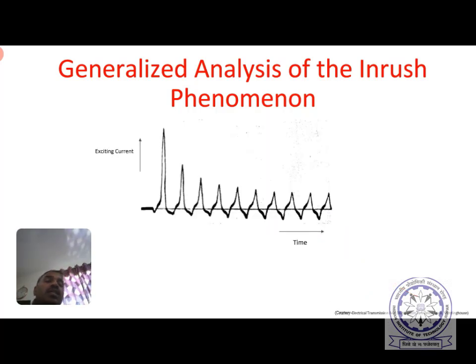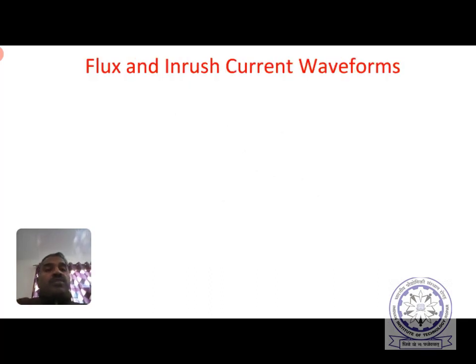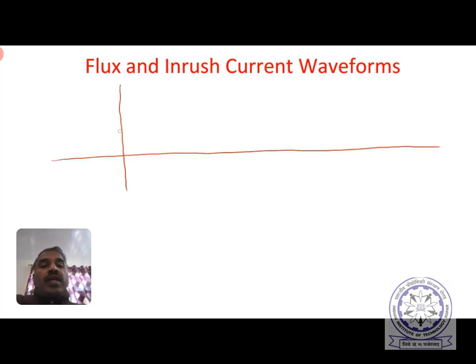Now this is the generalized inrush current phenomena. Now let me draw the waveforms of this inrush current phenomena, how the flux will look like and all. So the flux wave will look like this.